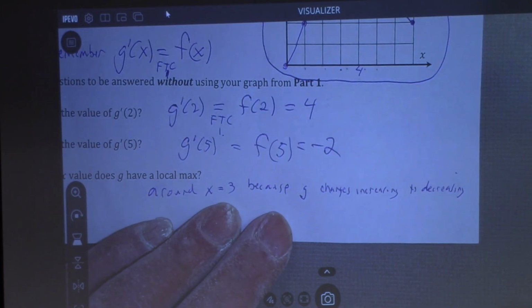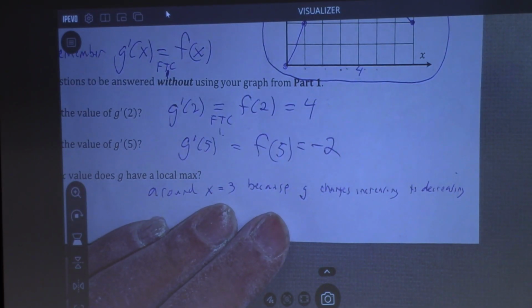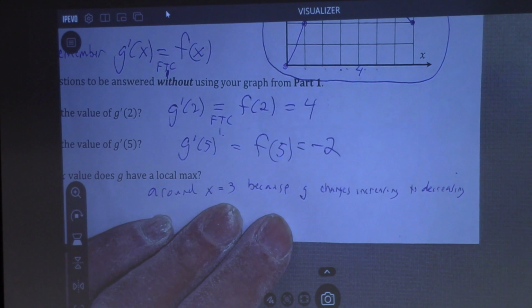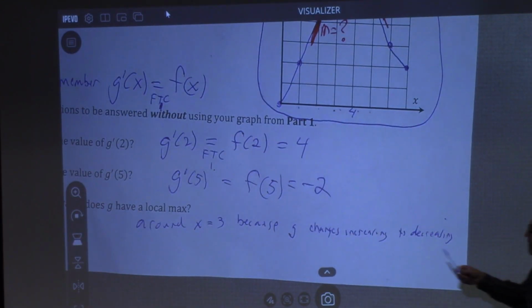Oh, but if g is changing from increasing to decreasing, what does it tell you about g prime? Let's just do this.